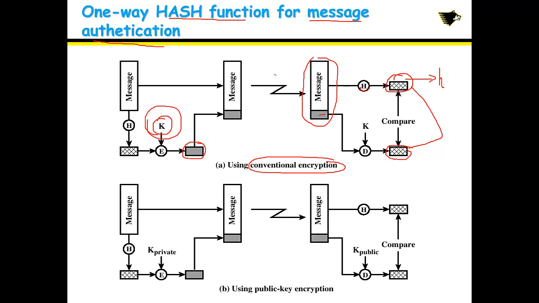If the message was modified during the transmission, then the received message will create some hash value. This hash value will be different from the hash value here.